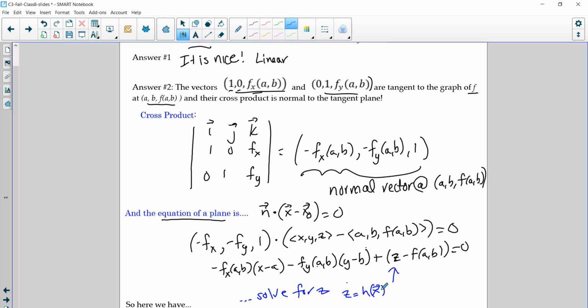Or for the linearization at that point. Okay, so that's why it's kind of nice, and another reason why we have that h of x. Okay, so that's a little bit of review from last week and justification for h of x. In the ensuing videos, we'll introduce a little bit of notation and actually finish up derivatives.